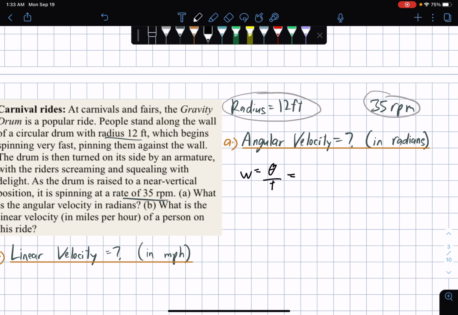Theta is, I'm sorry, it's 35 revolutions over time, which is 1 minute.